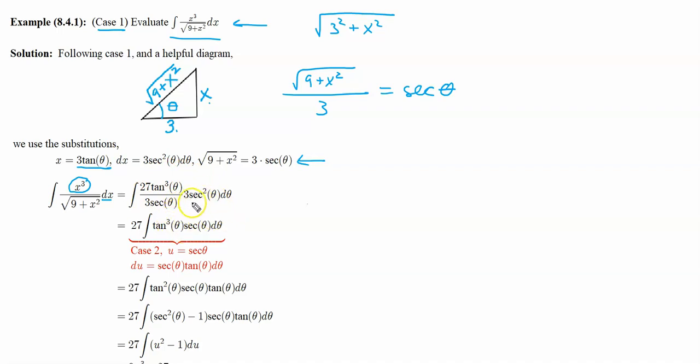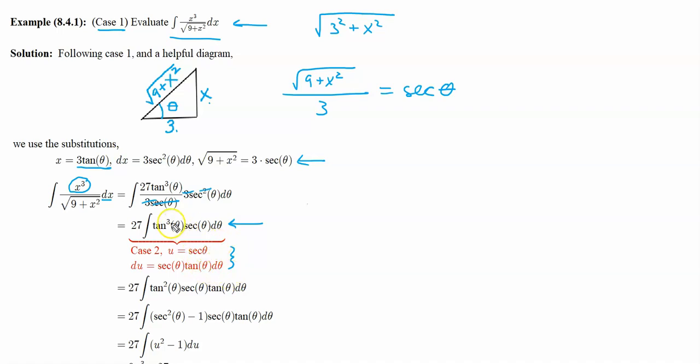Now you notice here we have a secant squared over secant, so one of these secants cancels, the 3 cancels, and what we end up with is this right here. So we get 27, pull that outside, tangent cubed, and we have 1 secant left over. Now if you look back to the cases for powers of secants and tangents, you'll notice that here we are in case 2.